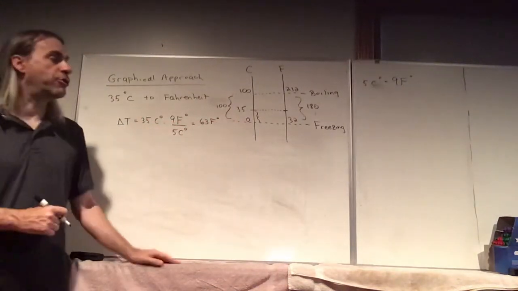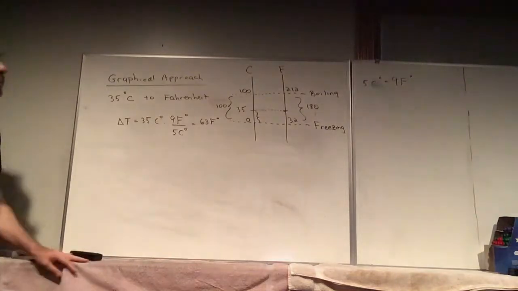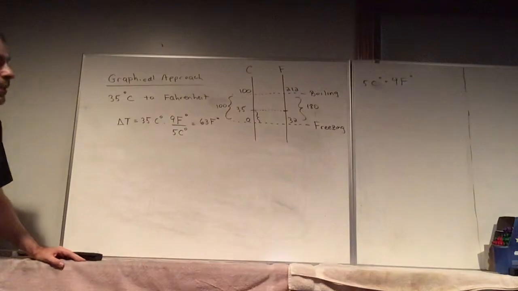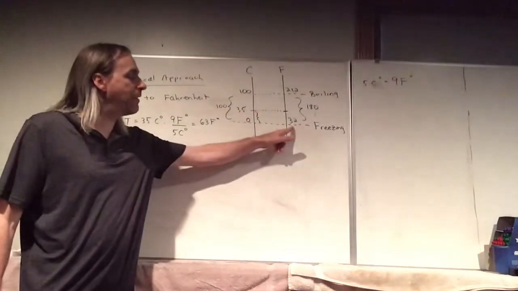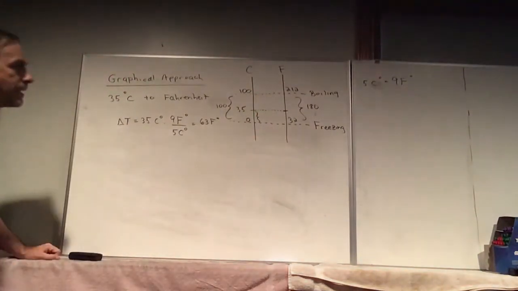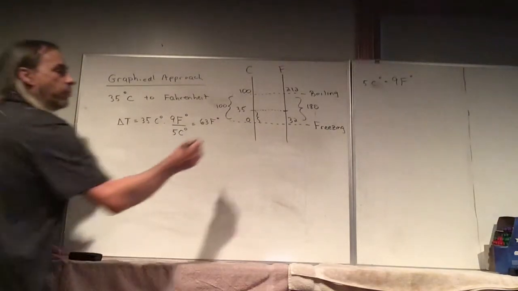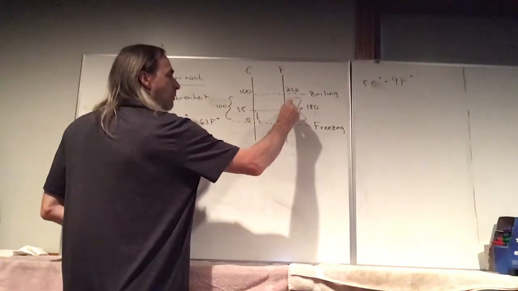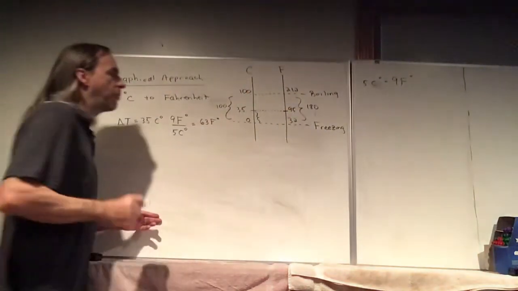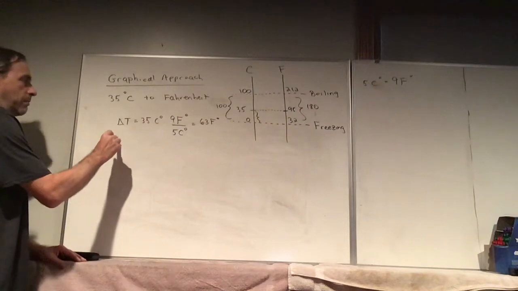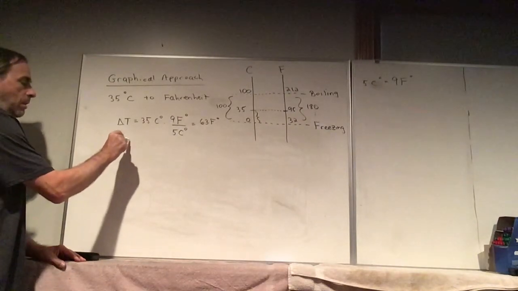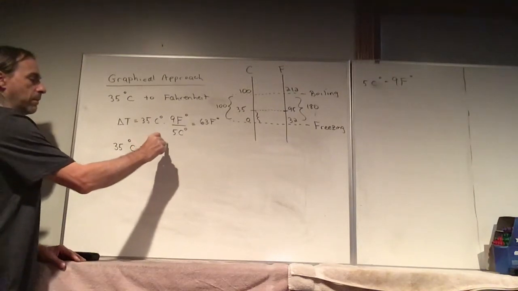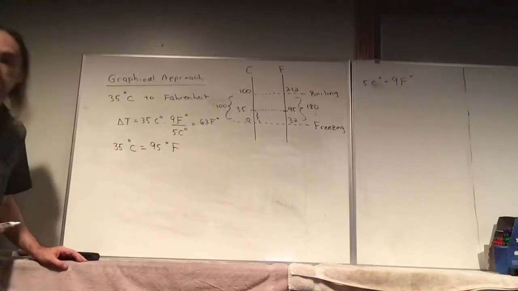So to get the temperature in Fahrenheit, we have to recognize we're starting from the freezing point and then adding 63 degrees. So we start at 32 and then add 63. So this would be 95 degrees. So 35 degrees Celsius equals 95 degrees Fahrenheit.